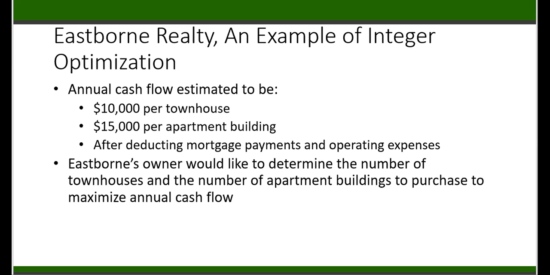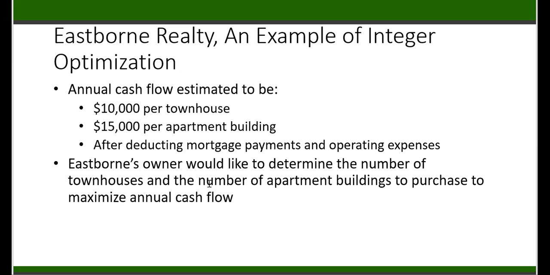And these numbers are after deducting mortgage payment and operating expenses. So these are net cash flow that they expect to get. So the question and the decision that they have to make is how many townhouses and how many apartment buildings to purchase in order to maximize their annual cash flow.